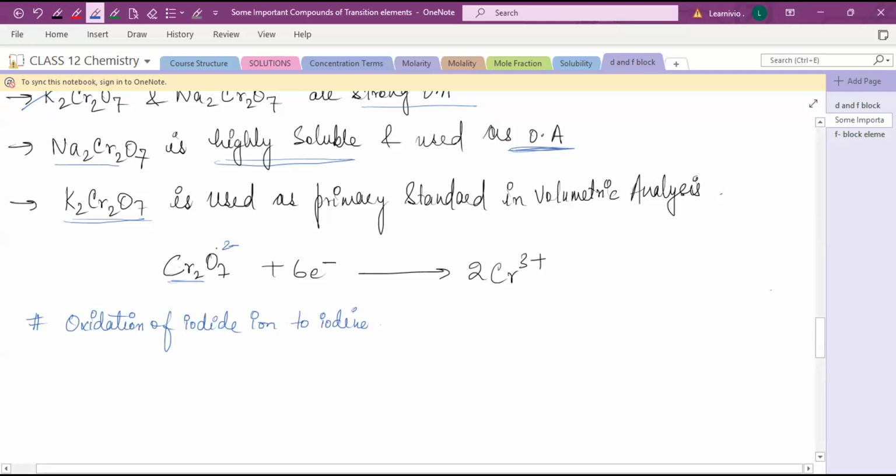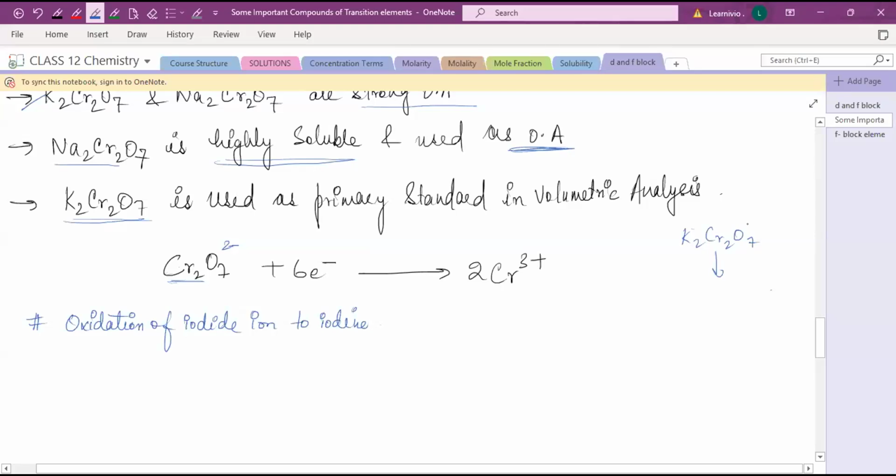Okay, so let's understand how to determine the oxidation state. If you know how to find the oxidation state, then only you can understand the redox reaction. See, this is your Cr2O7 2-. We know that K2Cr2O7 is a strong oxidizing agent.